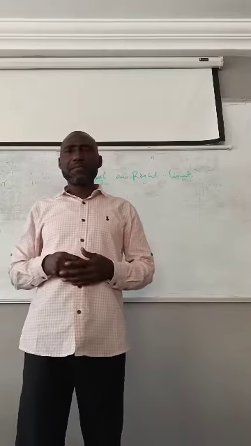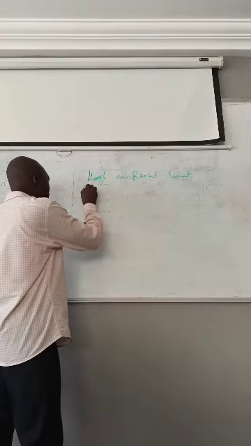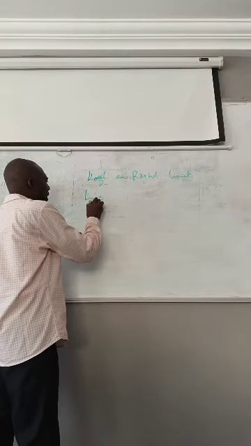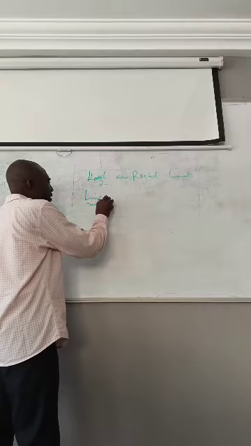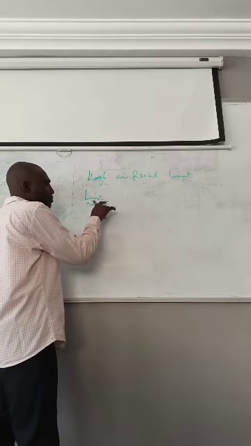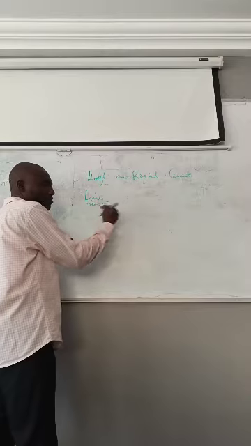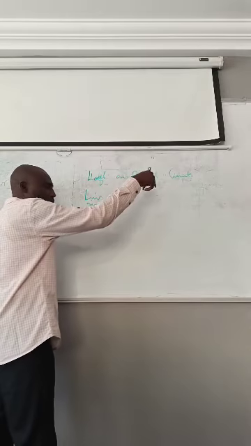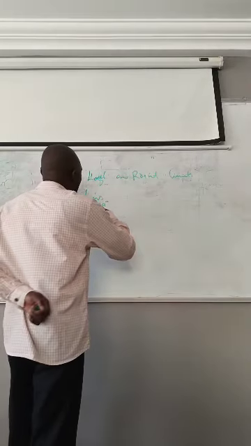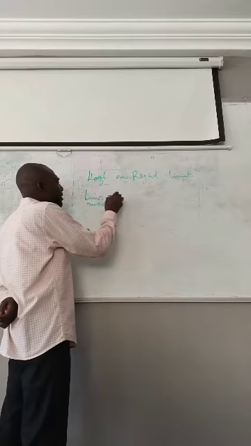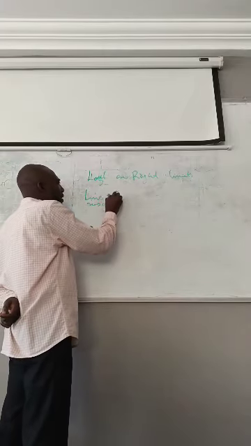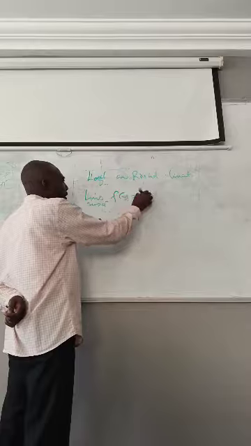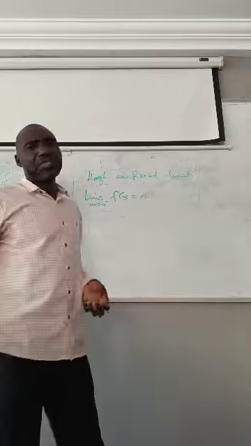The limit of f of x, limit as x tends to a from the left, you put minus here to indicate it's from the left. If it's from the right, you put positive. Limit as x tends to a from the left, f of x equals a. What does this mean?